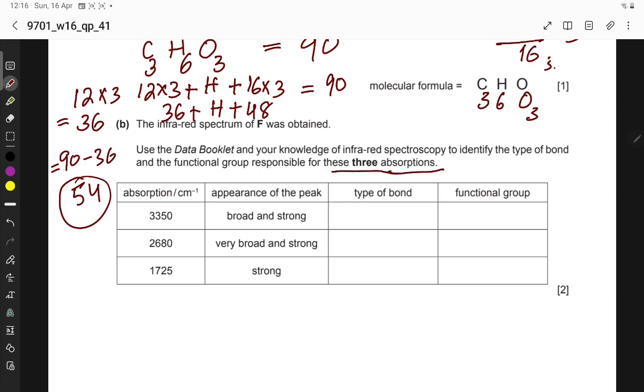So if we look at the data booklet, the 3350 absorption will be broad and strong. So when a broad and strong peak is there at 3350, then the type of bond always will be OH, and the functional group is hydroxyl.